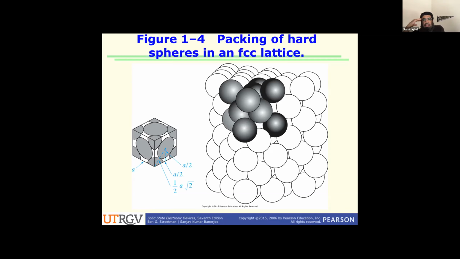And then there was another thing called BCC. Body-centered cubic, right? So these are simple structures. And then we can count how many atoms would be there in one face, maybe, or the whole volume as well, right? So we've done that.